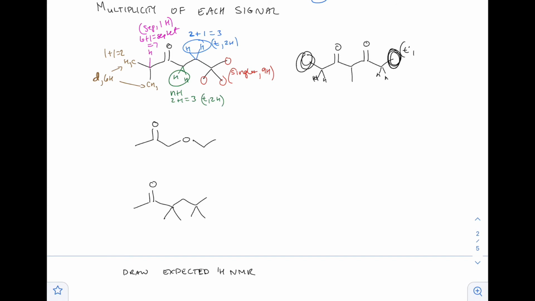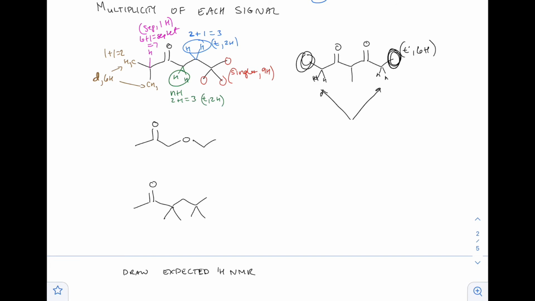But the multiplicity is still the same. That's where people get confused. Each of these sets of protons is only seeing 2 and only coupling with 2. The same thing can be said for these. That's 2 hydrogens each.